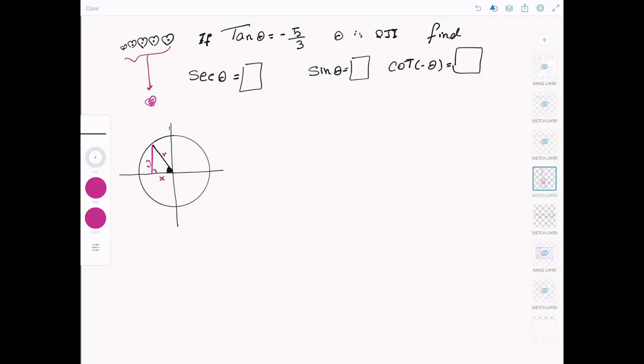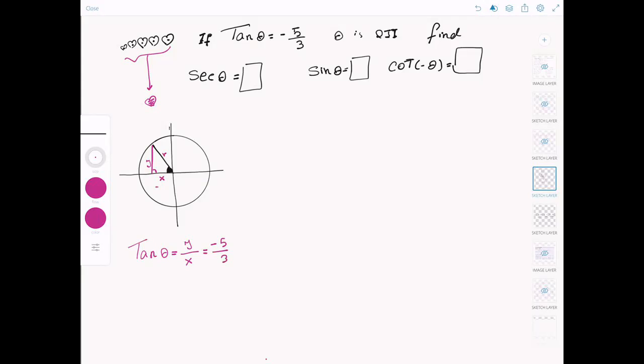We're going to use identities to show it. So the given is tangent of theta. Tangent of theta in your note sheet is y/x. This is -5/3, okay?